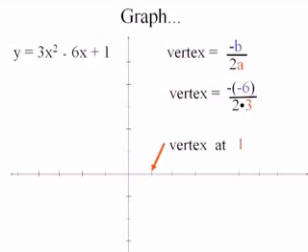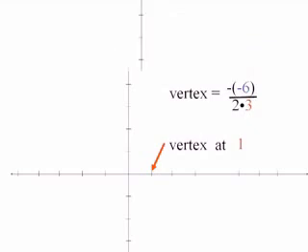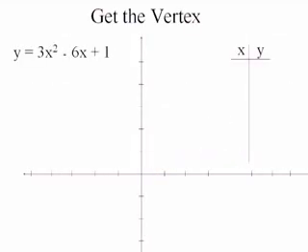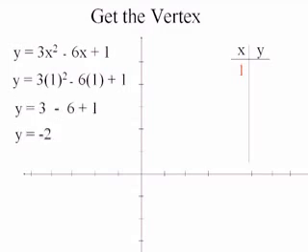It's going to be at 1. So the number I'm going to put in is going to be 1. You have chosen wisely. Watch. I put in a 1, and I'm going to get a negative 2. The point 1, negative 2 is not only on this graph, but I know it's the vertex.